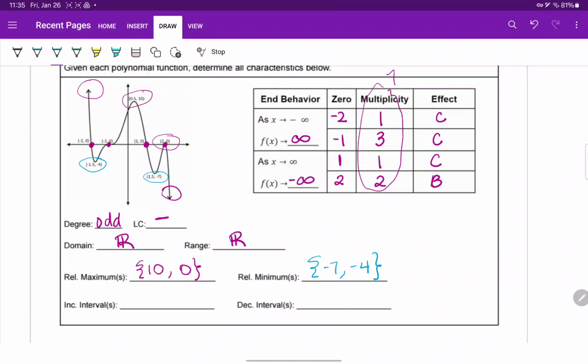Now, I did not circle -1, 0 because that is not a relative min or max. That's just a cross through the graph, and it curves a little bit. And so here, when I do my increasing and decreasing intervals, remember, it only is where your turning points are. So on this one, let's be real careful. As we are increasing, it would be from here, and it doesn't stop increasing, it goes all the way to here.